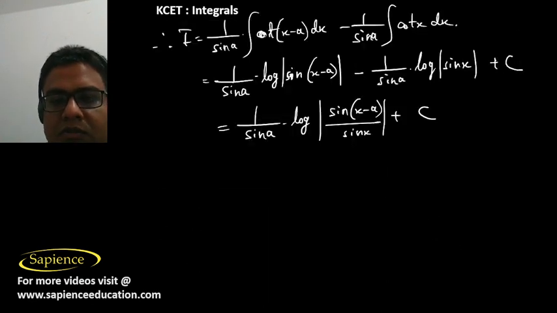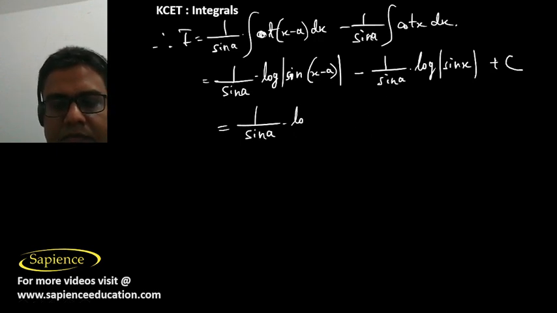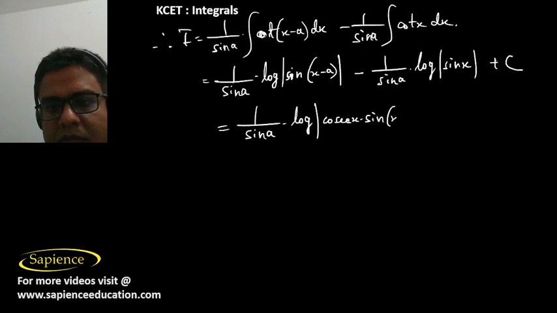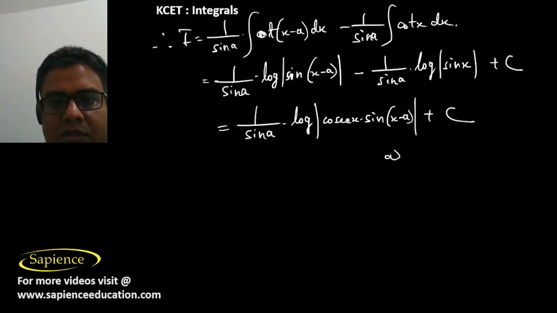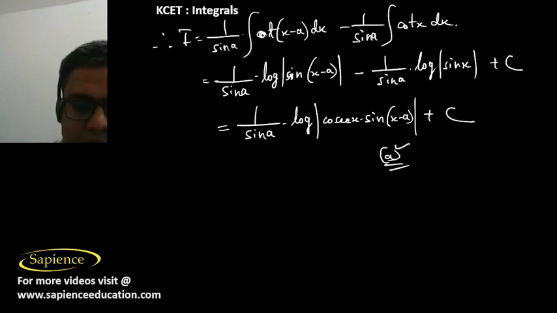Or I can write this as cosec x, since 1 by sine x is cosec x. So this will be log mod cosec x into sine of x minus a plus c. Means option A is the correct answer.